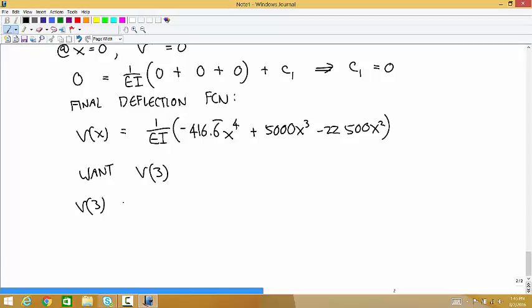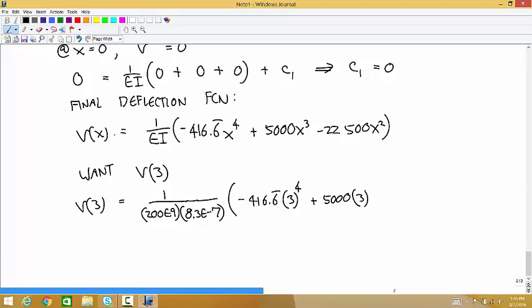So v of 3 is equal to 1 over 200 times 10 to the 9th times, this is also in the denominator, 8.3 repeating times 10 to the minus 7, times negative 416.6 repeating times 3 to the 4th power plus 5,000 times 3 cubed minus 22,500 times 3 squared.